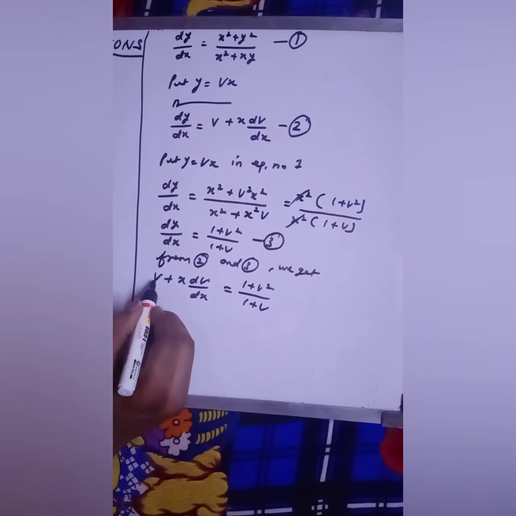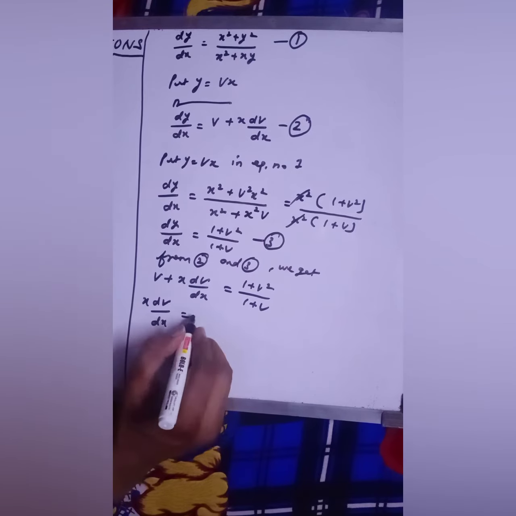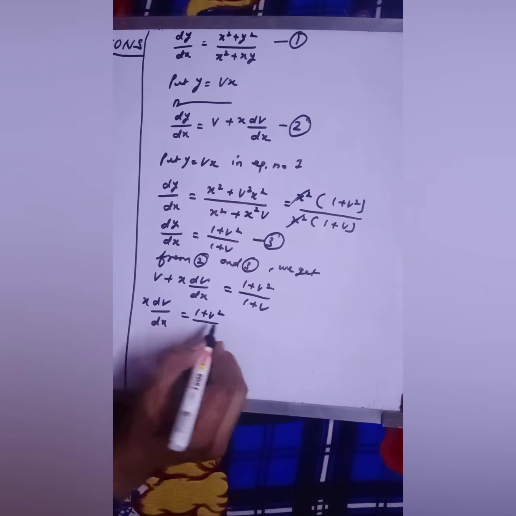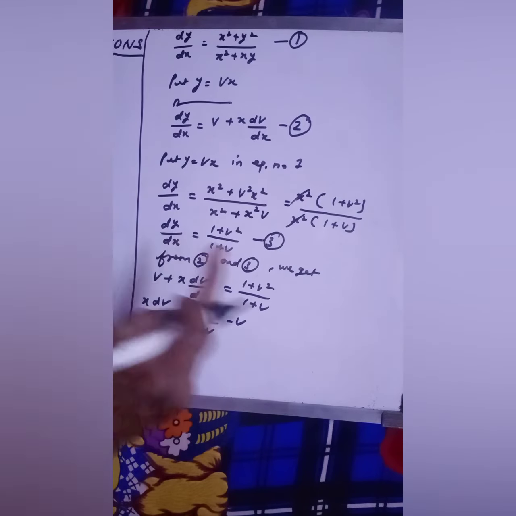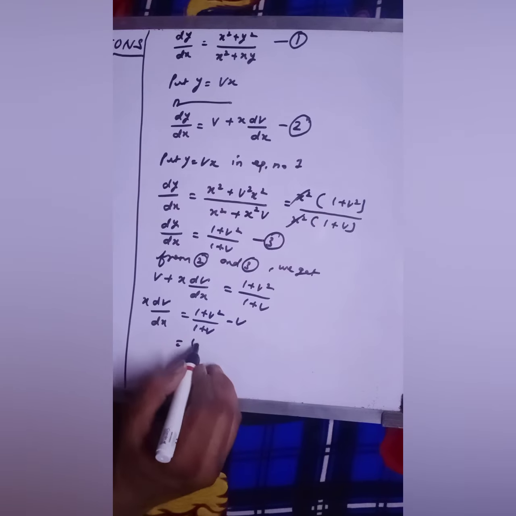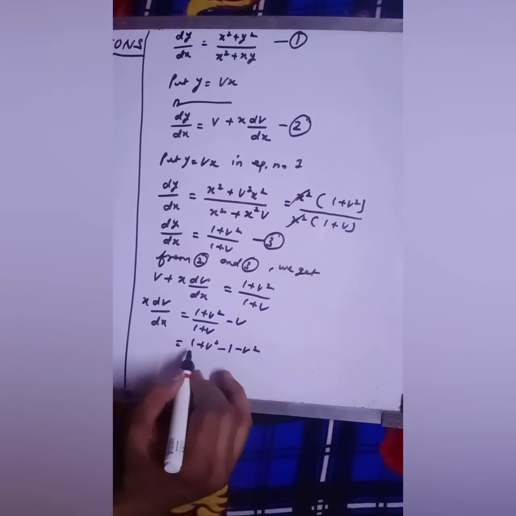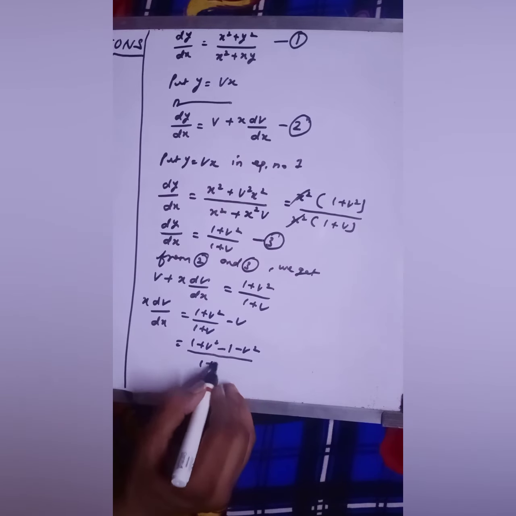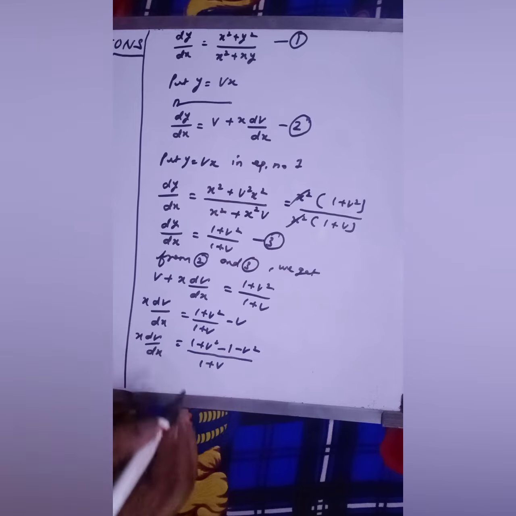Now I'm taking this v on this side, so you will get x dv by dx, that is equals to (1 plus v square) over (1 plus v) minus v. Okay, when this comes on this side, it will be minus v. Now you have to take LCM, so when you take LCM you will get this one over 1 plus v, and here x dv by dx will come.